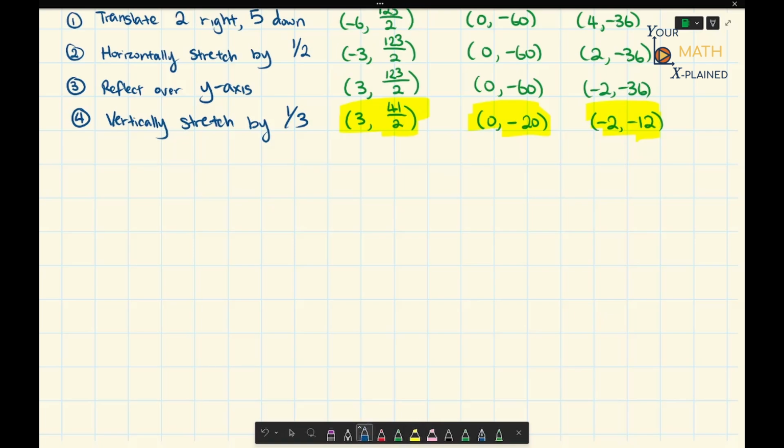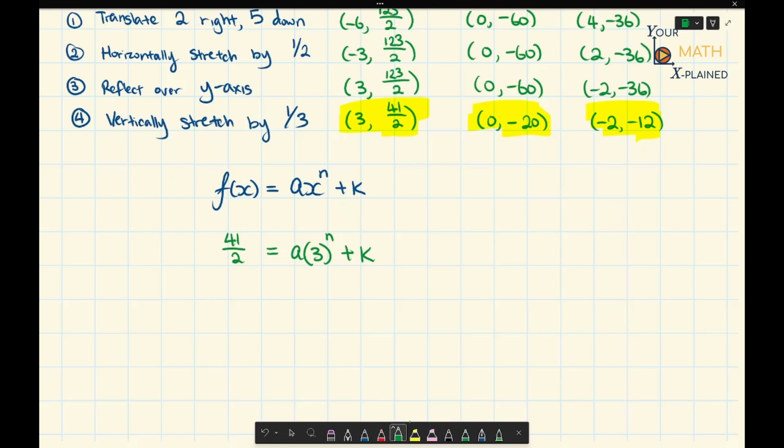Recall our original function f of x was equal to a times x to the power of n plus k. We're going to start with the first point. We have a y value of 41/2. So we get 41/2 is equal to a times, and then our x value here is 3, to the power of n, plus k.